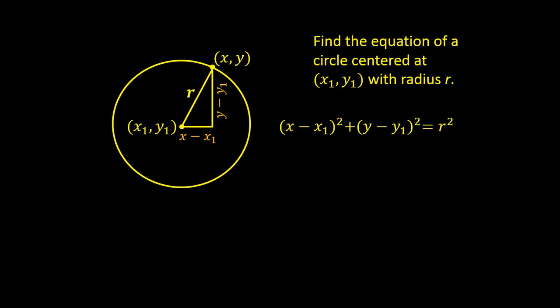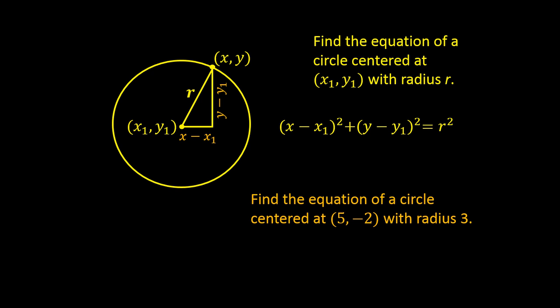So x minus x sub 1 squared plus y minus y sub 1 squared would have to equal r squared. And that is the equation of a circle that's centered at x sub 1, y sub 1 and has a radius of r.